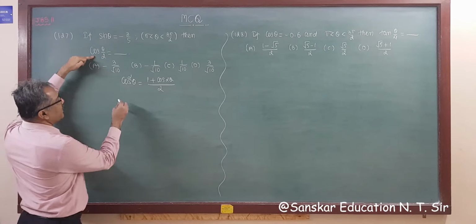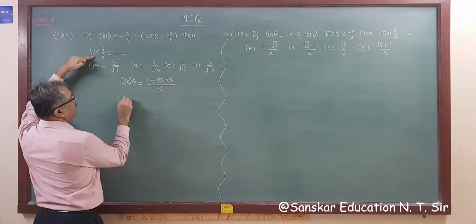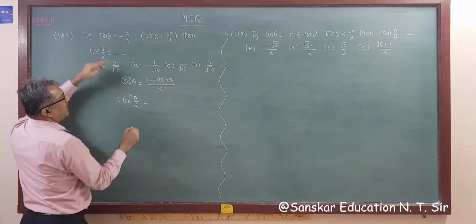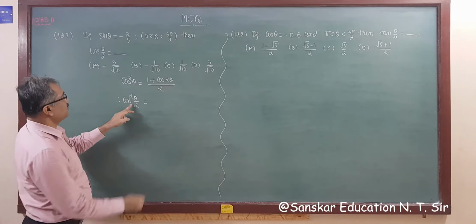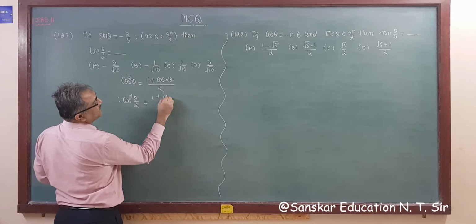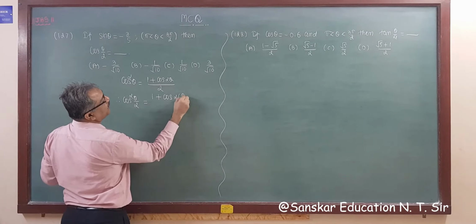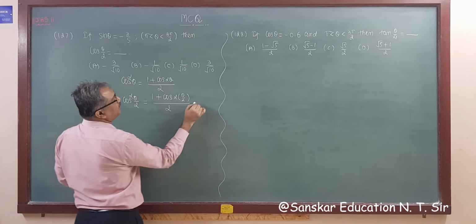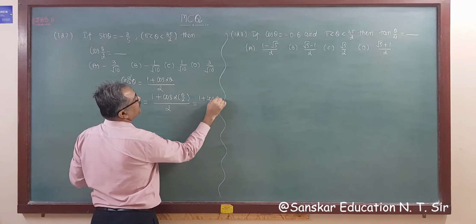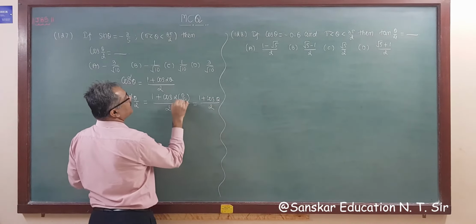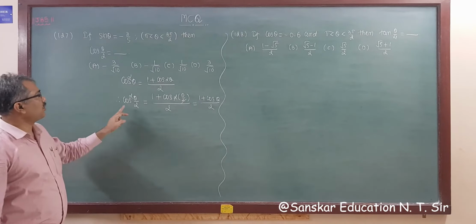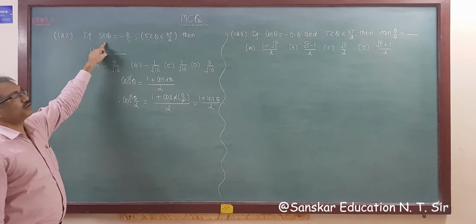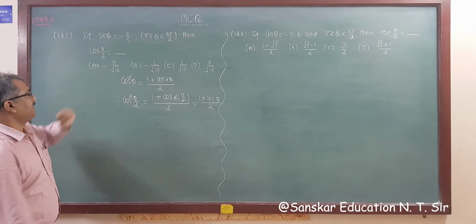So for cos square theta by 2, if we apply the formula, if theta becomes 2, so this becomes 1 plus cos 2 into theta by 2 whole upon 2, that is 1 plus cos theta by 2, the 2 cancels. So cos square theta by 2 is (1 plus cos theta) by 2. So we require the value of cos theta. Instead of that, we are given sin theta.